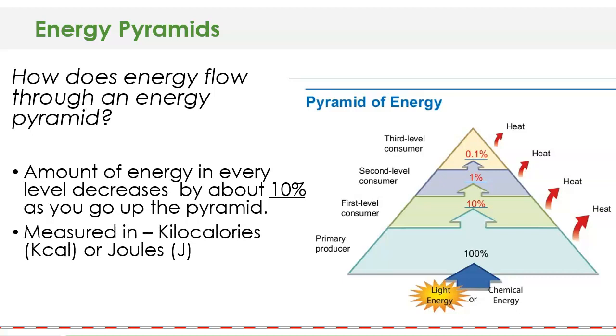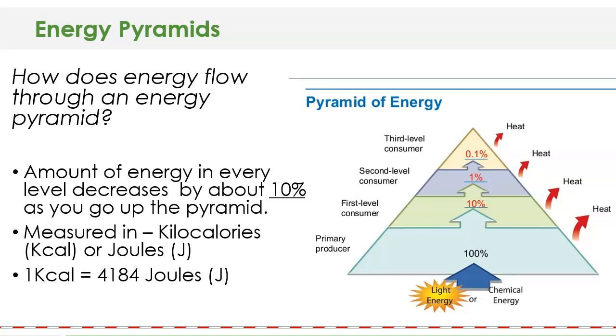Energy is measured in something called kilocalories. Or sometimes we call them joules. So it's just two different units of measurement for energy, kind of like we can talk about meters, or we can talk about feet in measuring distance. In this case, with energy, we can measure it in kilocalories or we can measure it in joules. Just in case you were wondering, you don't really need to memorize this at this point.